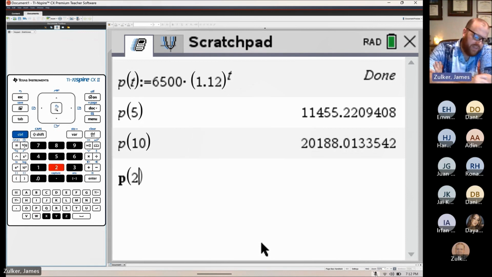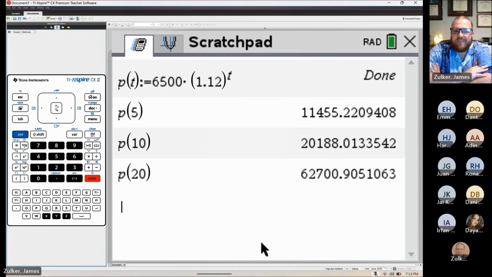So let's look at P of 20. $62,700.91. More than tripled in those 10 years.